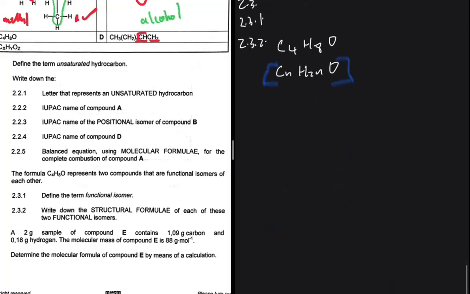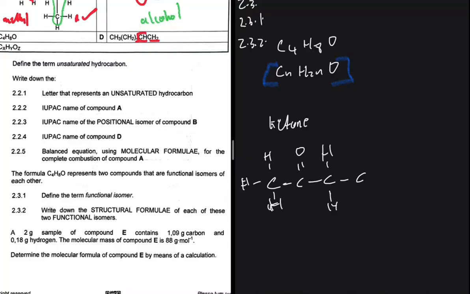If we go ahead and draw the structures, we can start with the ketone. We're going to have 1, 2, 3, 4, and then a double-bonded oxygen, with hydrogens on the carbons. Just like that, we are done with the ketone. Now we just need to draw the aldehyde.